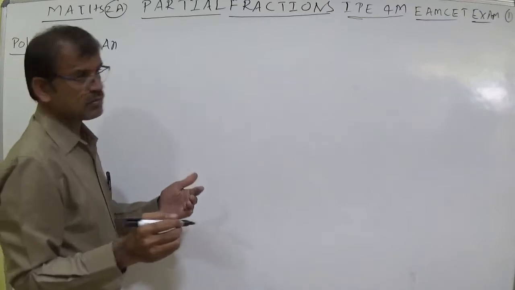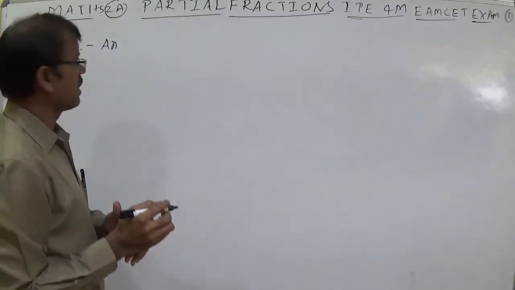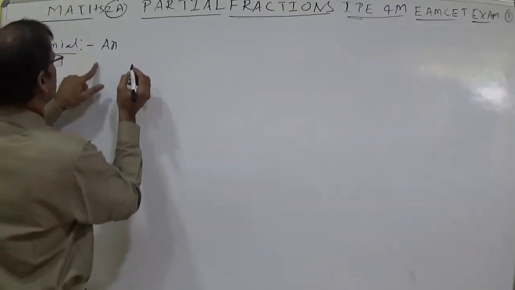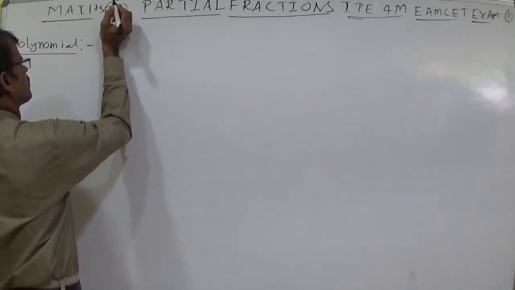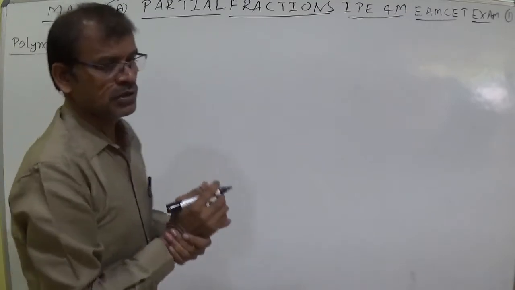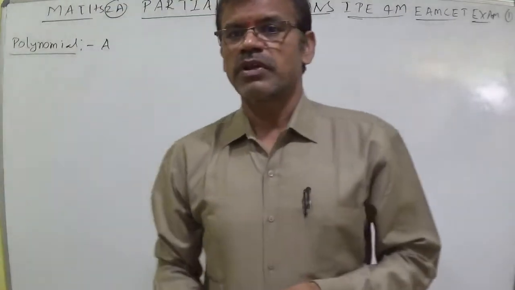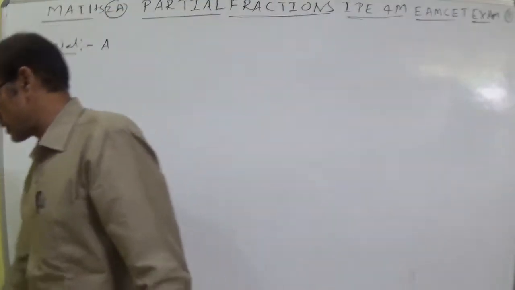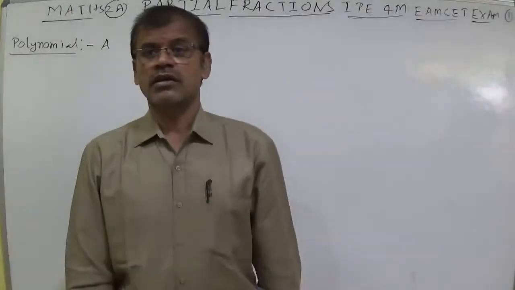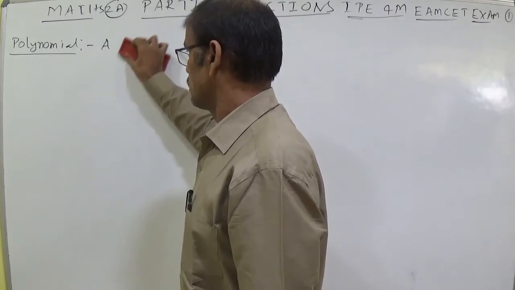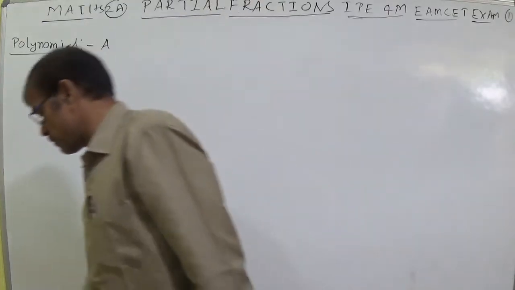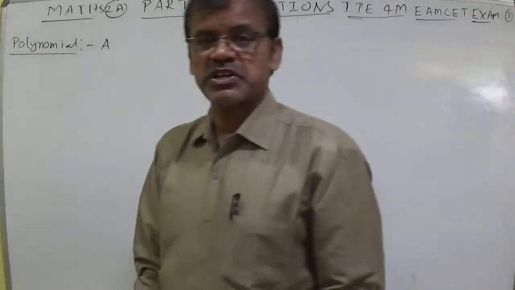Let us remember it. Polynomial definition: an equation f of x is equal to a naught x power n plus a1 x power n minus 1 plus a2 x power n minus 2 plus so on an is equal to 0 is called a polynomial. If it is not an equation, we can say that it is an expression.